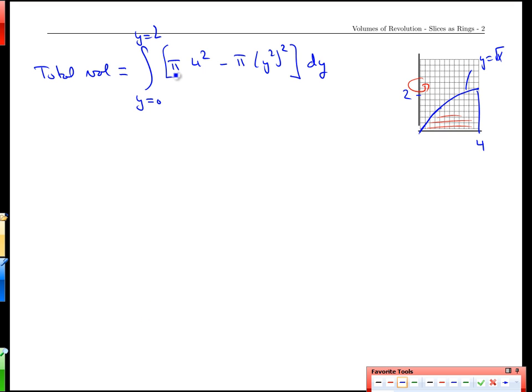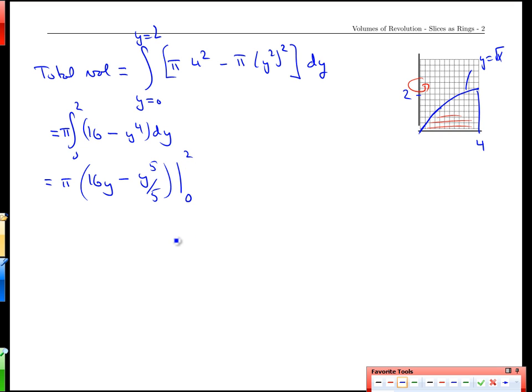And we're ready to go. We can now convert this into an integral problem. Integral from 0 to 2. Pi is everywhere, we'll bring it out front. We have 16 minus y to the 4th dy. And so we have pi times 16y minus y to the 5 over 5, evaluated at 2 and 0, and that's going to give us pi times 16 times 2 minus 2 to the 5 over 5, minus 0 minus 0.